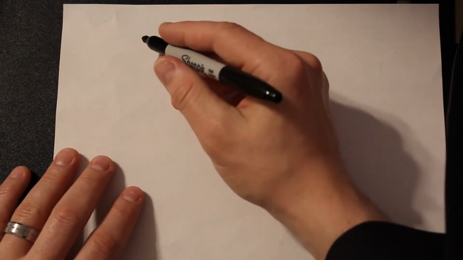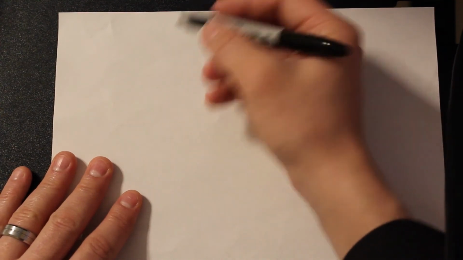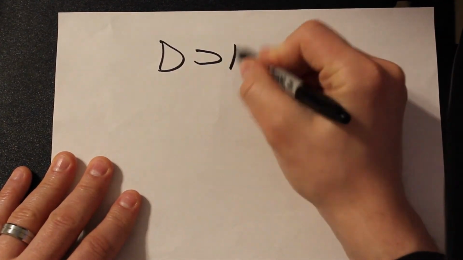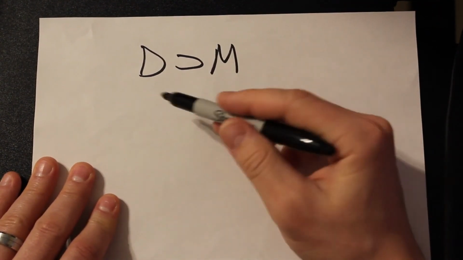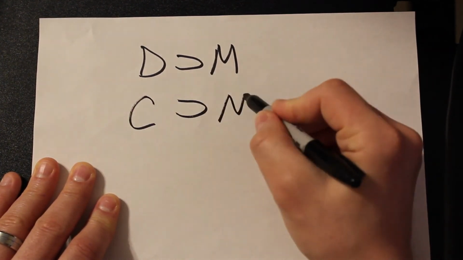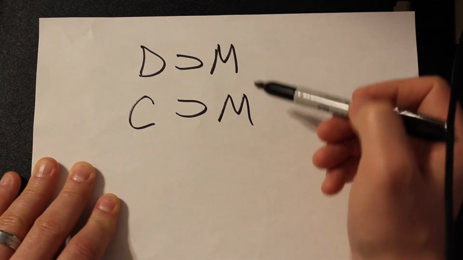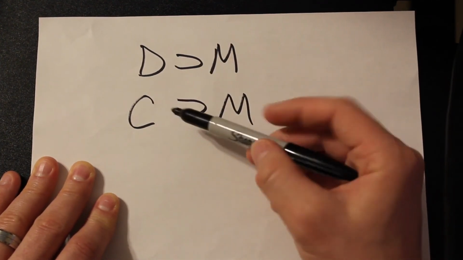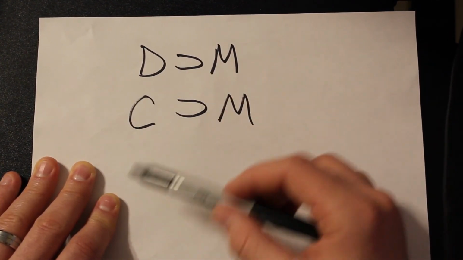Let's try another one. So let's say all dogs, if it's a dog, then it's a mammal. So all dogs are mammals. All cats are mammals. So this is the same structure as before, but can we connect cats and dogs? Can we say that all dogs are cats or all cats are dogs?